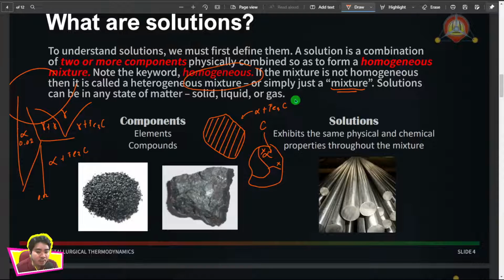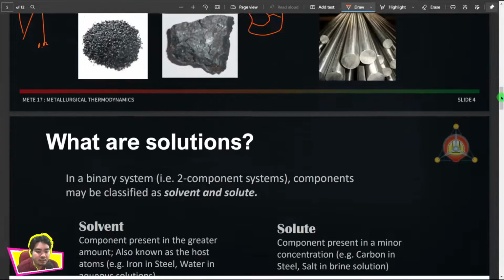Kasi homogeneous siya. Which is different from, say, a heterogeneous mixture wherein kung dito ka nag-measure along the itong Fe3C phase versus dito sa host alpha natin na phase, magkaiba yung ma-measure ninyo na mechanical or physical properties dyan. Okay? So that is solutions.